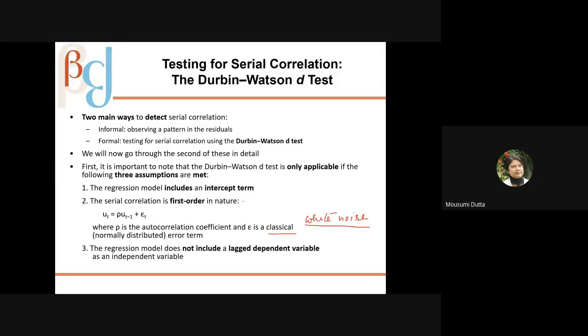The regression equation is given by y_t = beta_0 + beta_1 x_1t + u_t, and parallelly, I have another equation, u_t = rho u_t-1 + epsilon_t.